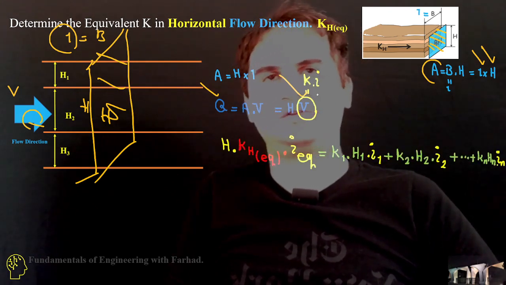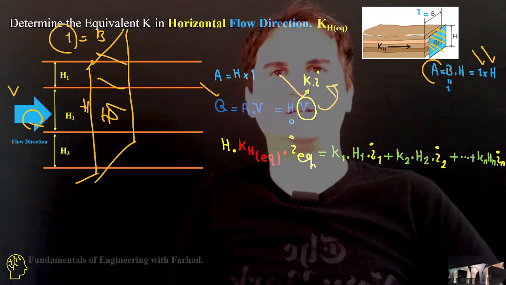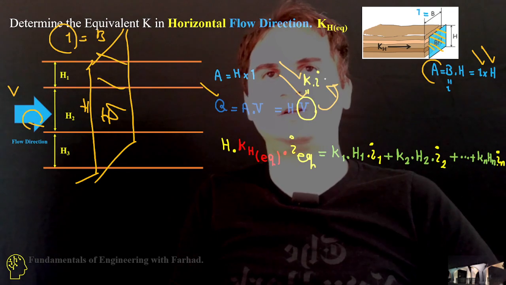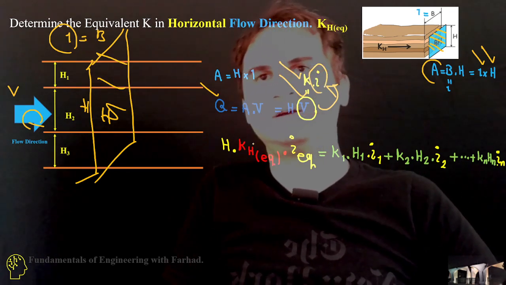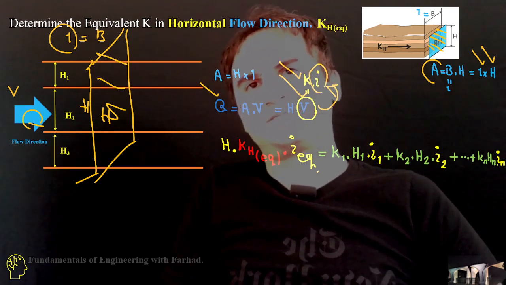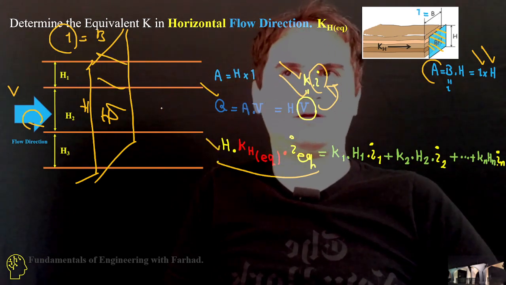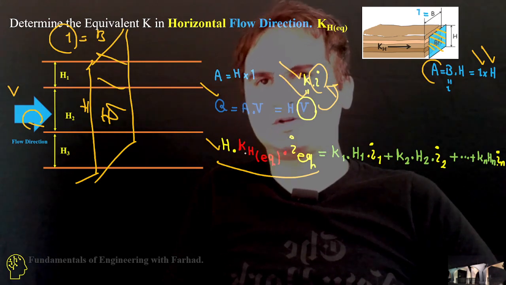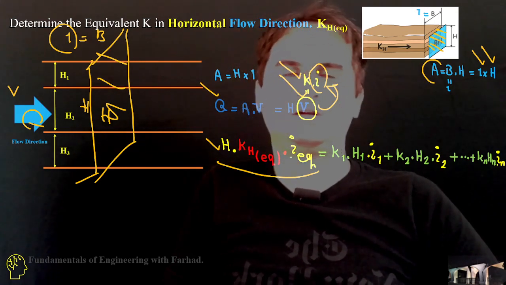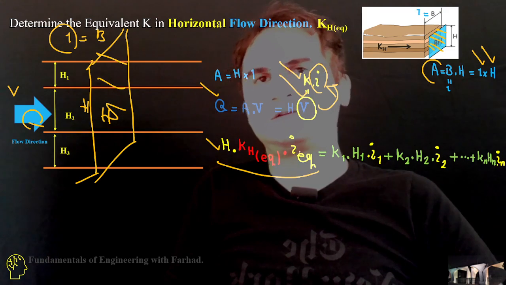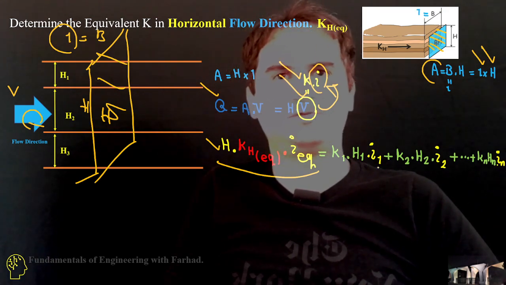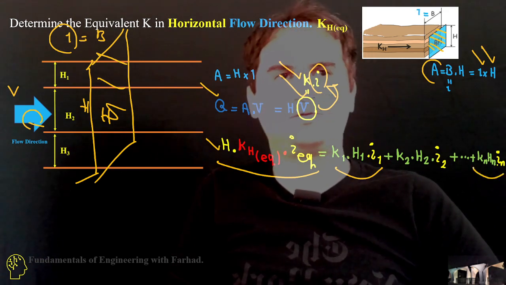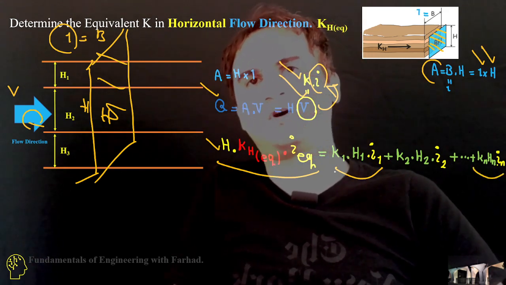And we know velocity is equal to K times I. K is hydraulic conductivity, I is hydraulic gradient. So total height H times equivalent horizontal soil conductivity times equivalent hydraulic gradient is equal to K1 H1 I1 plus K2 H2 I2 and so on, to the last one, the summation of all of them.